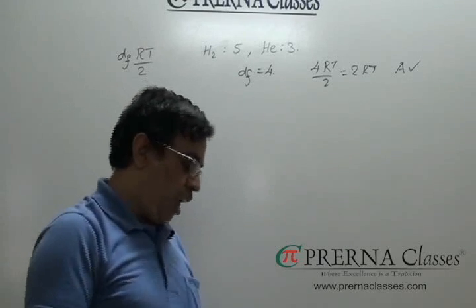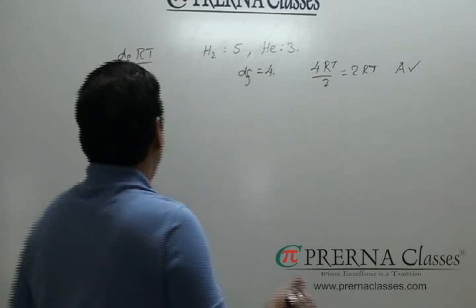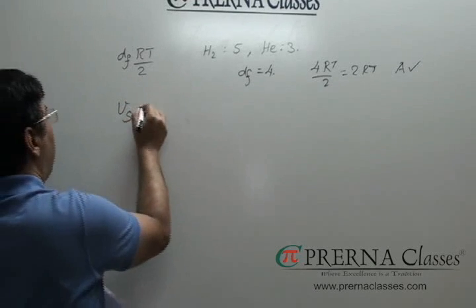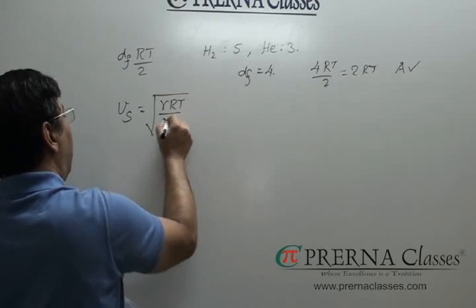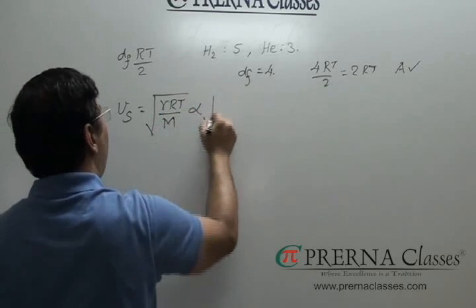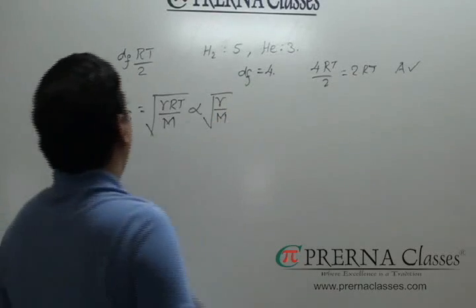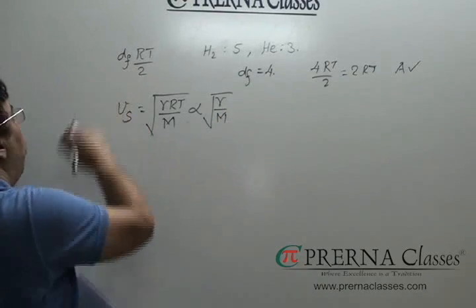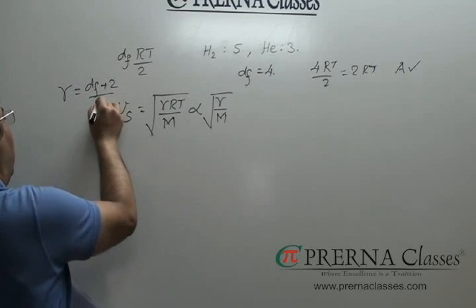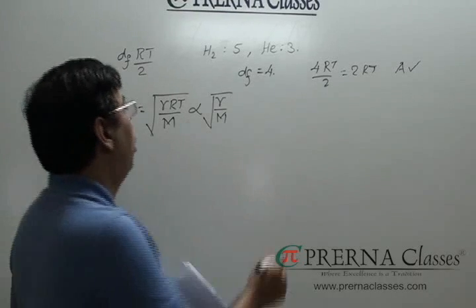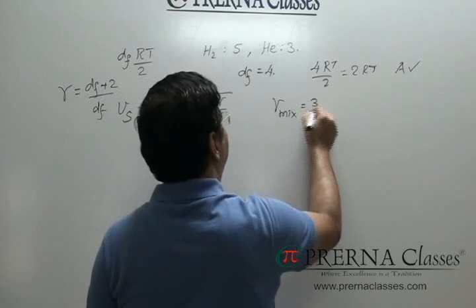The next one was looking at the ratio of the speed of sound in the gas mixture to that in helium gas. We know that the speed of sound is given by root of gamma RT by m. That is, it's proportional to root of gamma by m. Gamma we know is related to the degrees of freedom as (degrees of freedom plus 2) by the degrees of freedom. So for that mixture, gamma is going to be 3 by 2.